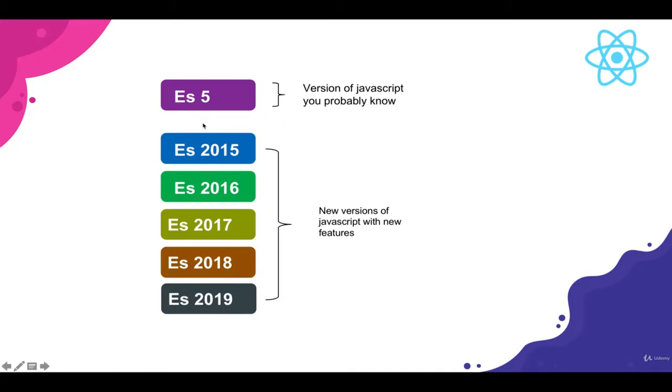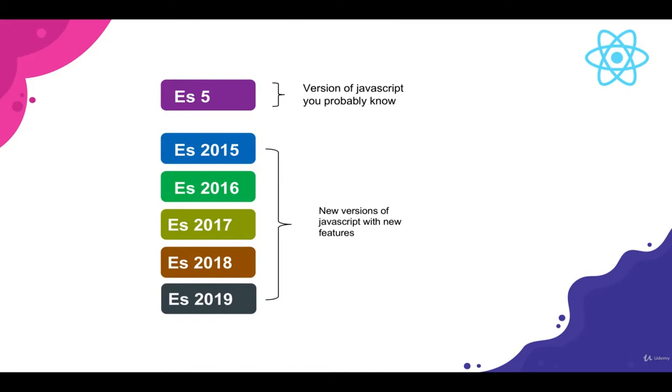As you've been learning JavaScript, you've probably been learning a version of JavaScript called ES5. And chances are, you've also picked up a couple of features out of something called ES 2015 as well. All I mean to say is that each version of JavaScript has a very particular set of features and syntax available to it.